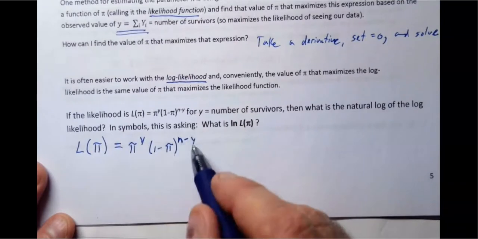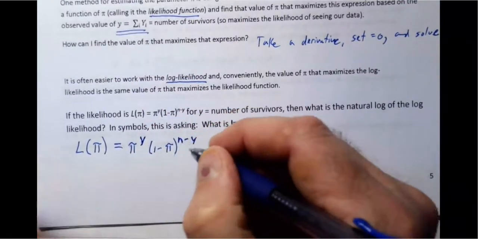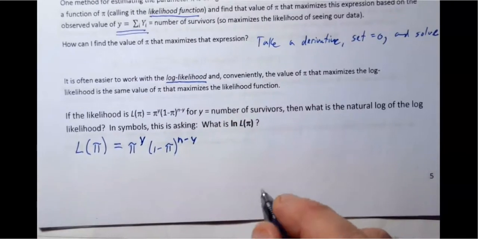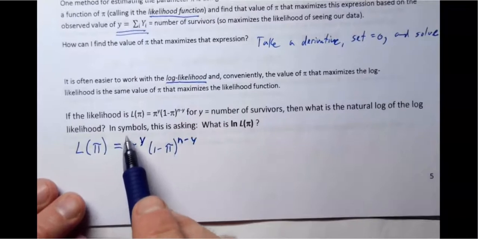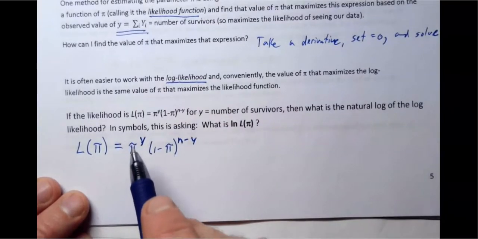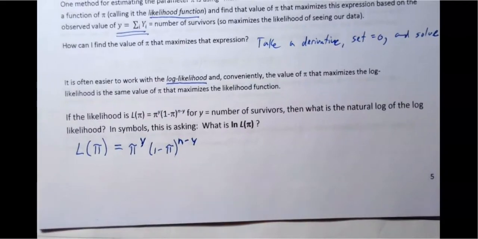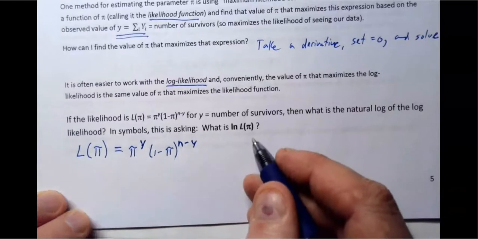So y here is just the number of total survivors in our data set, and n is the total sample size. If you know about the binomial distribution, you'll notice that I'm leaving out a factor that's multiplied, n choose y, but that's not going to play any role when we take the derivative, so I'm just leaving that out of my likelihood function.